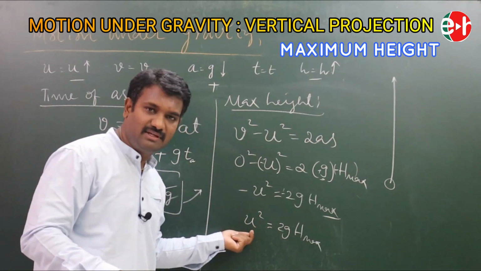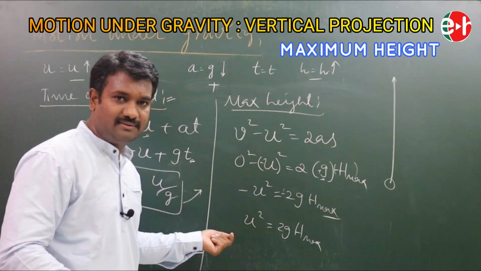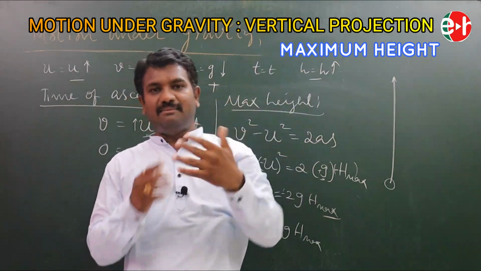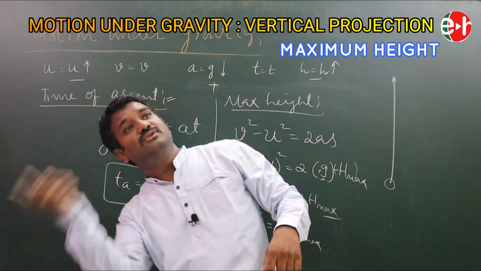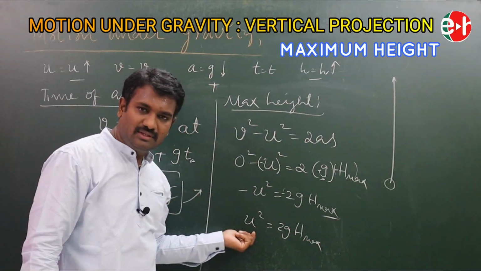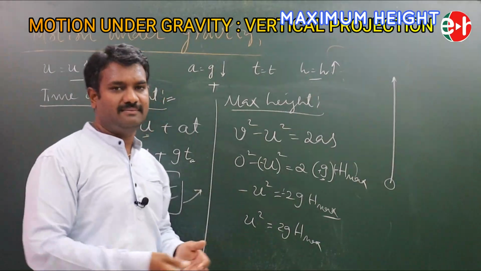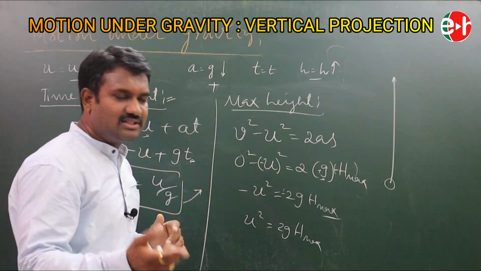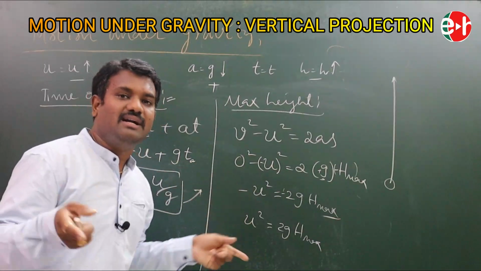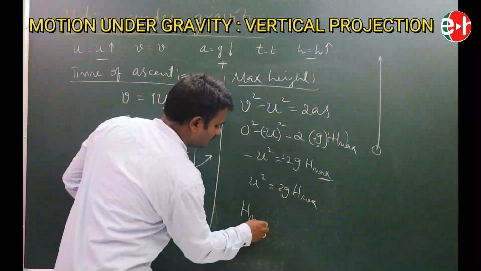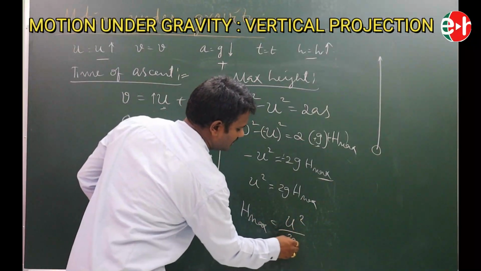So if you know that the target is at 10 meters height, with what velocity do I have to throw? Put 10 here and simplify, you will get u. With that velocity you have to throw the object. Or else, if you know the initial velocity with which you are throwing this object, you can find up to what maximum it can reach. How? By using this formula, h max is equal to u square by 2g.